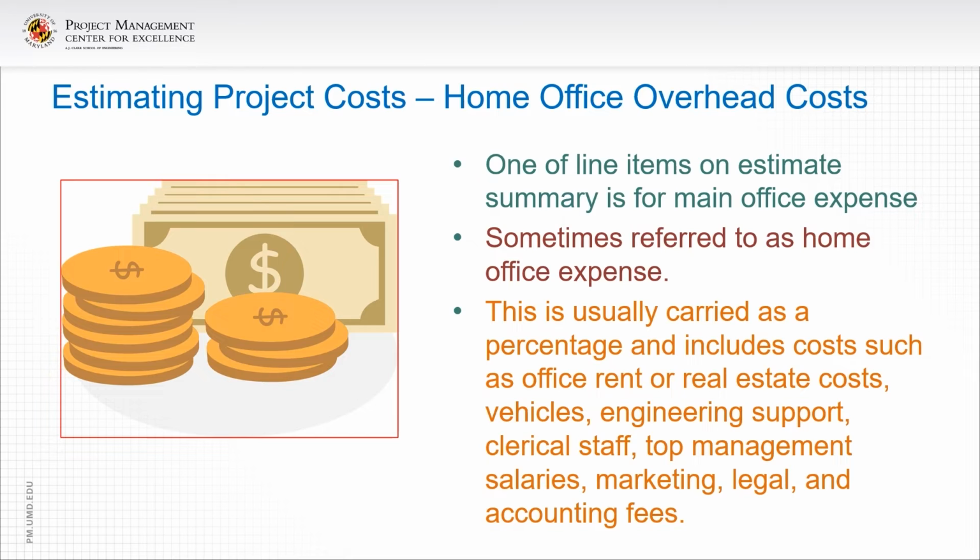This is usually carried as a percentage and includes costs such as office rent or real estate costs, vehicles, engineering support, clerical staff, top management salaries, executive salaries, marketing, legal, and accounting fees. These are a percentage of the job site and the job project costs as a relation to overall company expenses that must be included to pay for the company overhead costs.